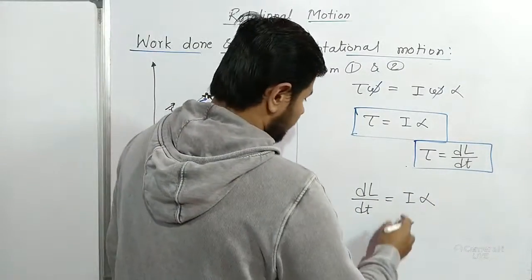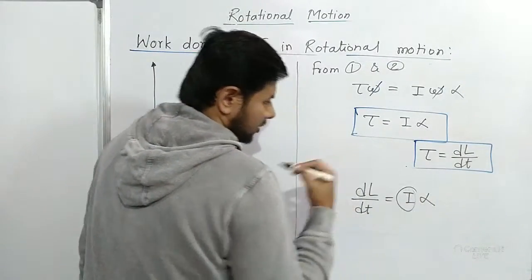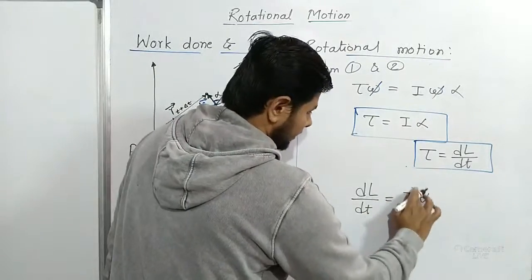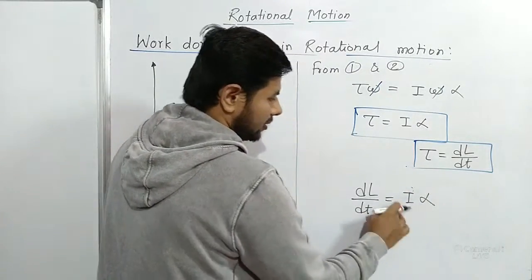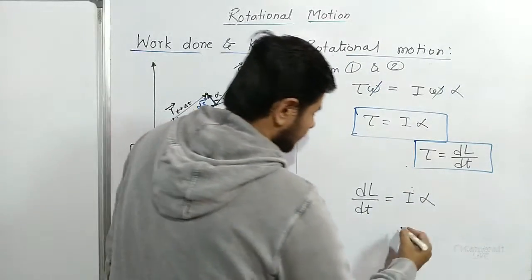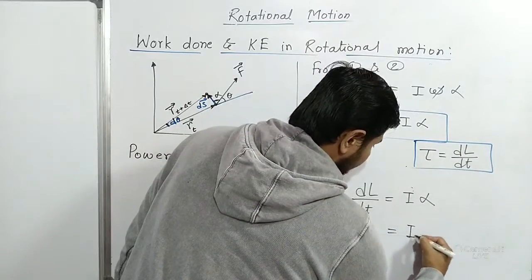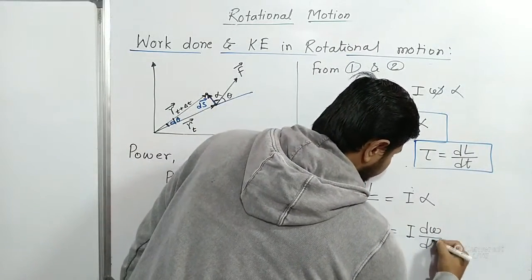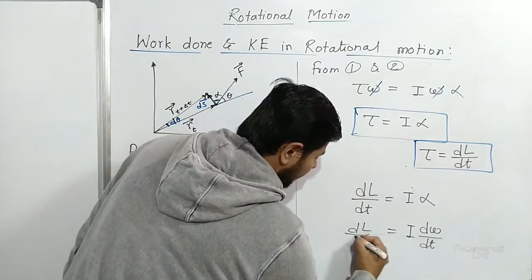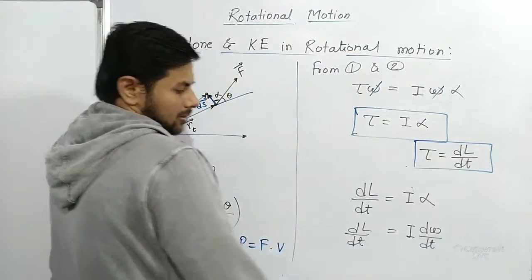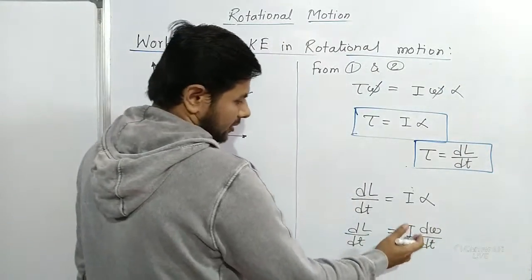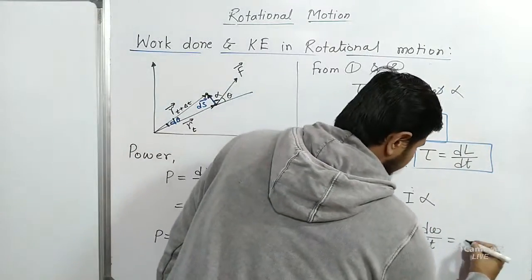This thing is constant and this is the derivative of something with respect to t. So this can be written as I times d omega by dt. So this is dL by dt, and since this term is constant, I can put it outside.